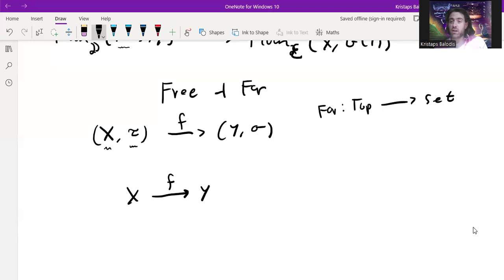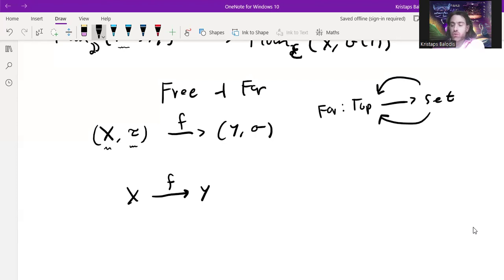Conversely, can we take a set and turn it into a topological space? Well, yeah, there's lots of ways to do it. Can we necessarily do that in a way that is functorial?